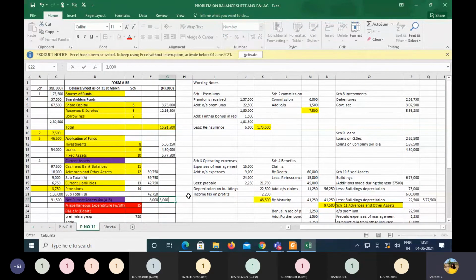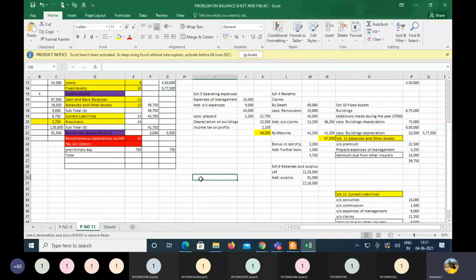So what you need to do here is just take it under the brackets. So this is an indication that this is a negative balance. So when you have a negative balance, what we exactly do, already we got the minus figure here. So what is going to happen now? Take the total of this.